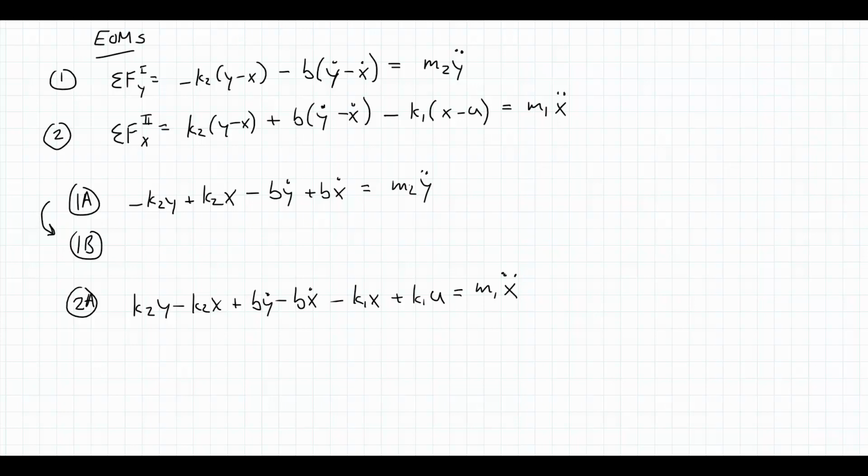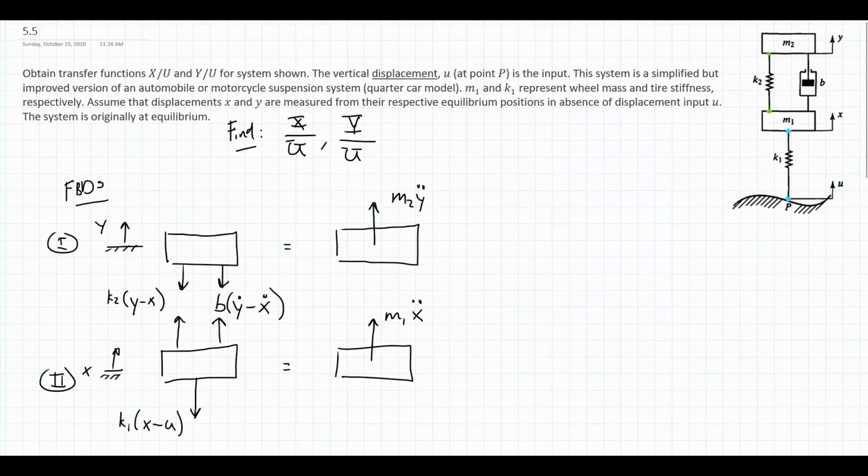Going back up to 1a, this is where I will do a Laplace transform to get from the time domain into the frequency domain. I have a negative k2Y plus k2 capital X minus bsY plus bsX equals m2 s squared Y. Once again, when I'm doing the Laplace transforms of the x dot, the y dot, and the y double dot here, we are told that the system begins at equilibrium.